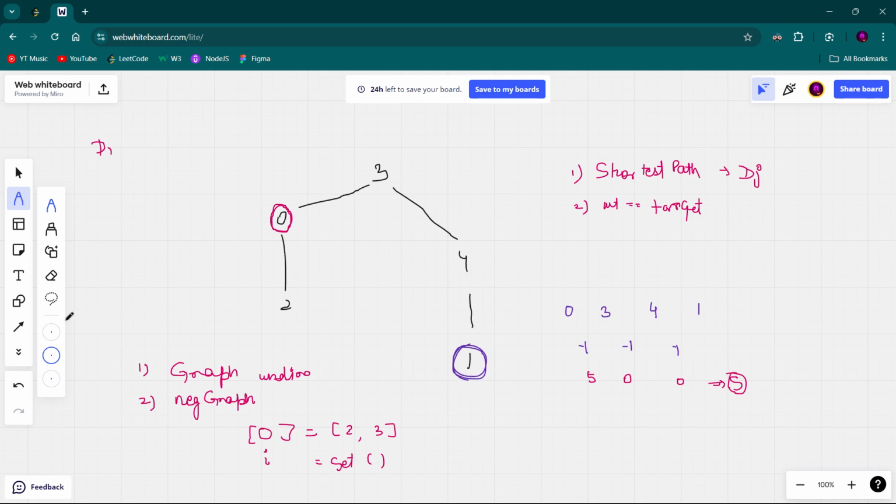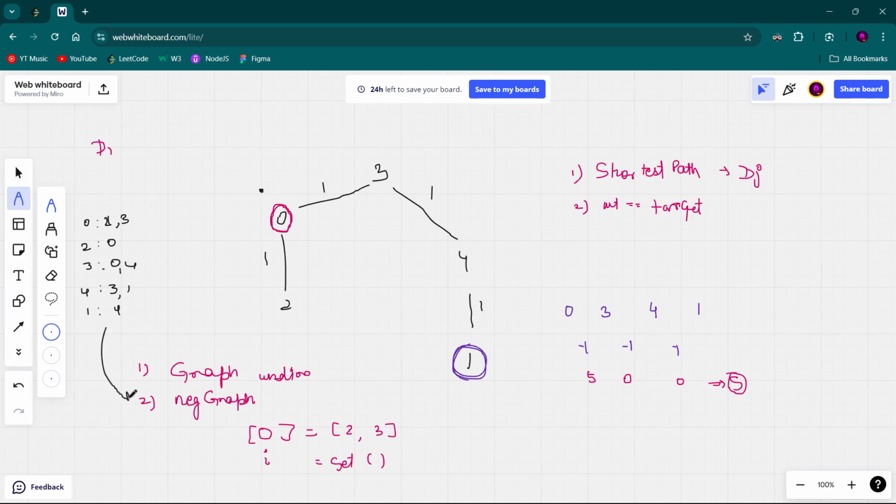So I'm starting from here, and all these weights are 1, because I converted -1 into 1. And the negative graph should look like this: 0 has 2 and 3, 2 has 0 and 3, 0 has 4, 4 has 3 and 1, and 1 has 4.